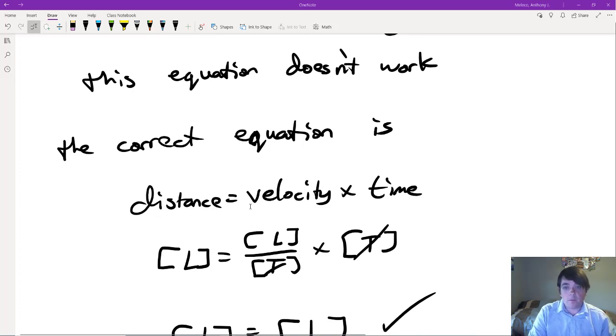Now, the other question you may have about something like this is, what about constants? This doesn't tell us anything about those. It could be 10 times velocity times time, or 100 times velocity times time. You could have some constant there without a unit affecting it. And those constants, unfortunately, you can't figure out from this sort of system.